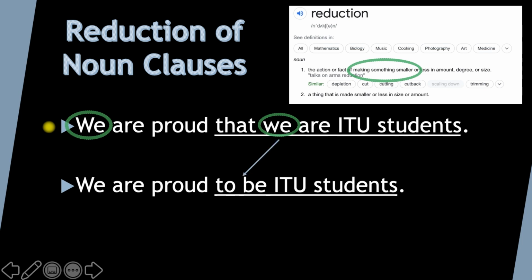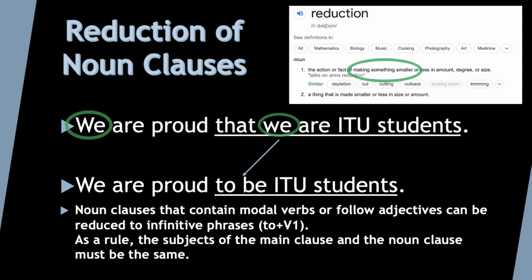Under this condition, we can reduce the sentence to to plus verb 1, okay? Instead of saying are right now, we say to be, and we leave out that we are and change it into to be here. So what is the rule? Noun clauses that contain modal verbs or follow adjectives can be reduced to to plus verb 1.